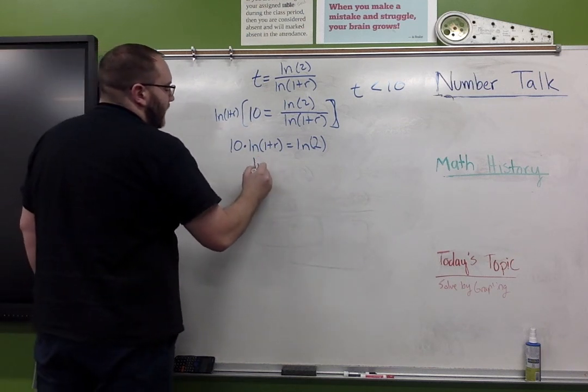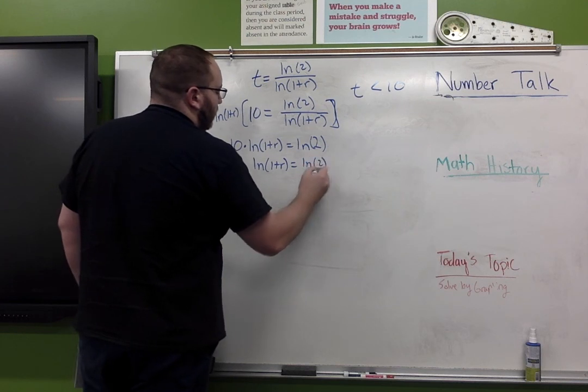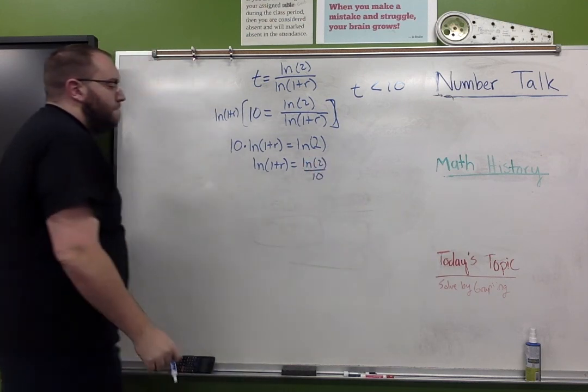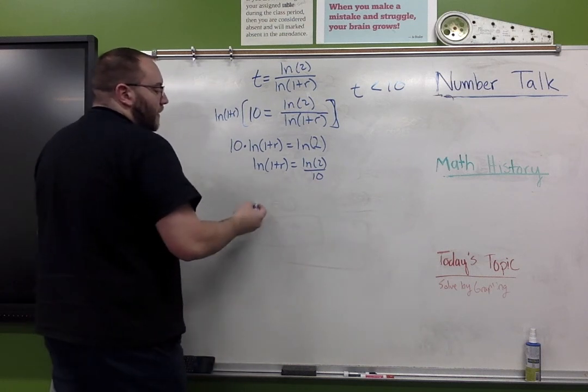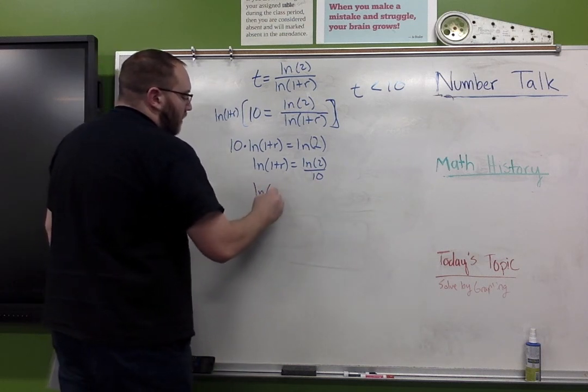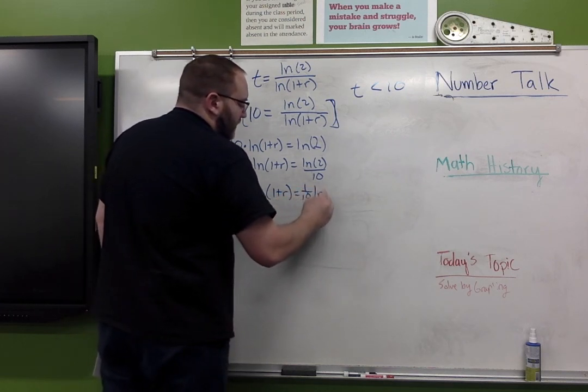Divide by 10, so the natural log of 1 plus R is equal to the natural log of 2 over 10. When we divide by 10, it's the same as multiplying by 1/10, right? So the natural log of 1 plus R is equal to 1/10 times the natural log of 2.